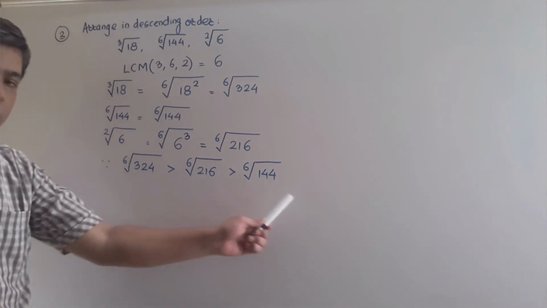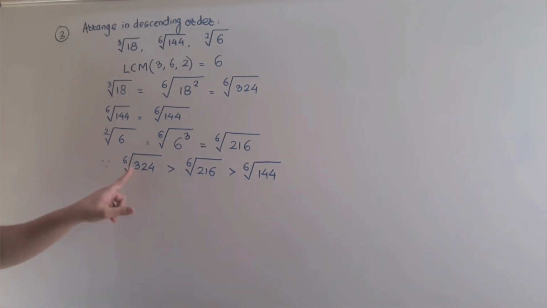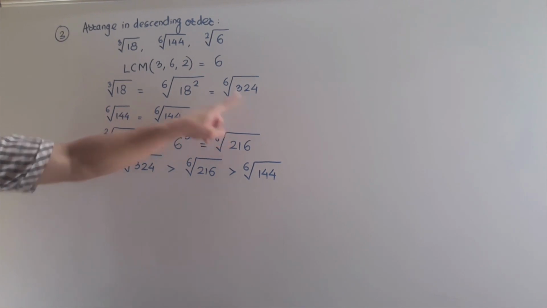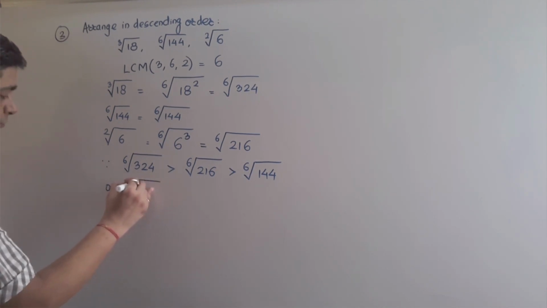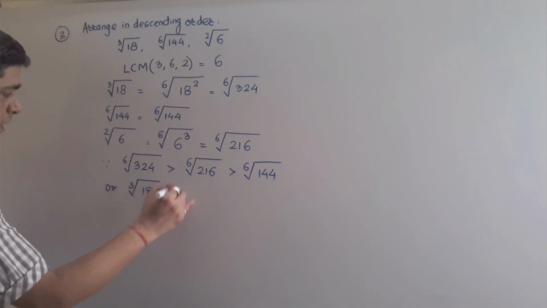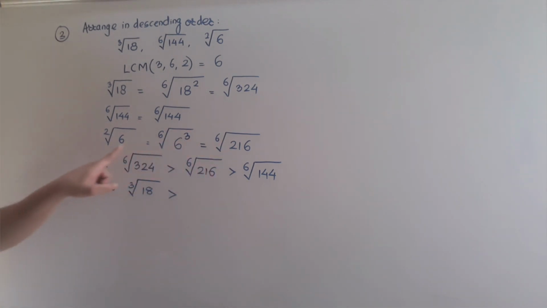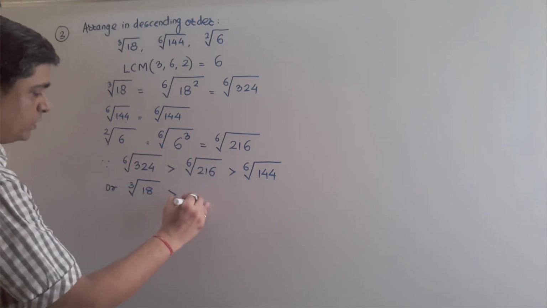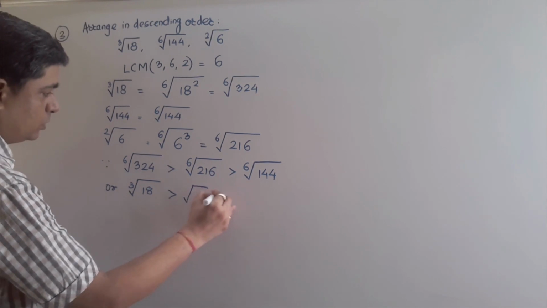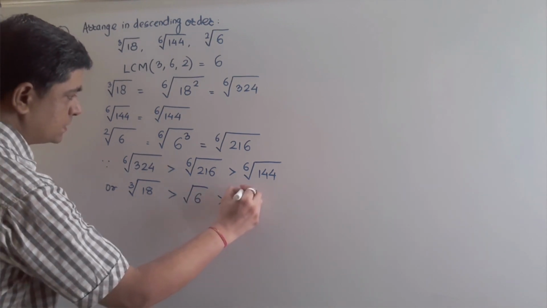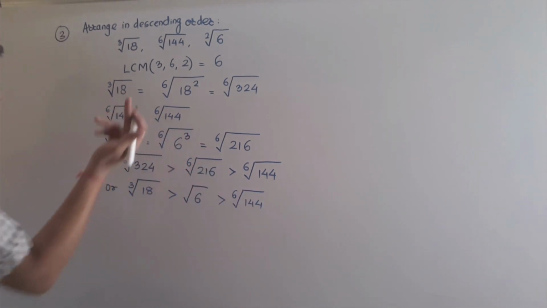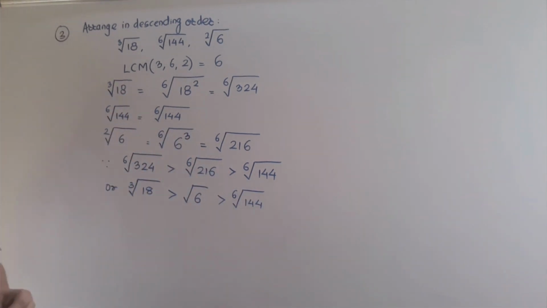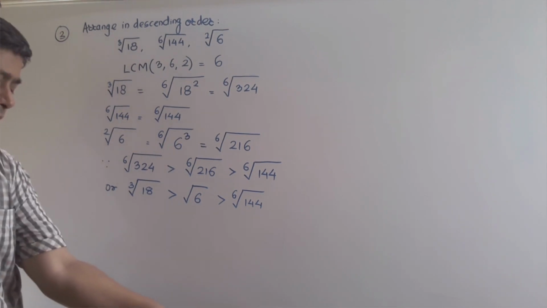Let us write down the original terms. 6th root of 324 came from cube root of 18. 6th root of 216 came from square root of 6. And the last one, 6th root of 144, came from itself. This will be the answer of this question.